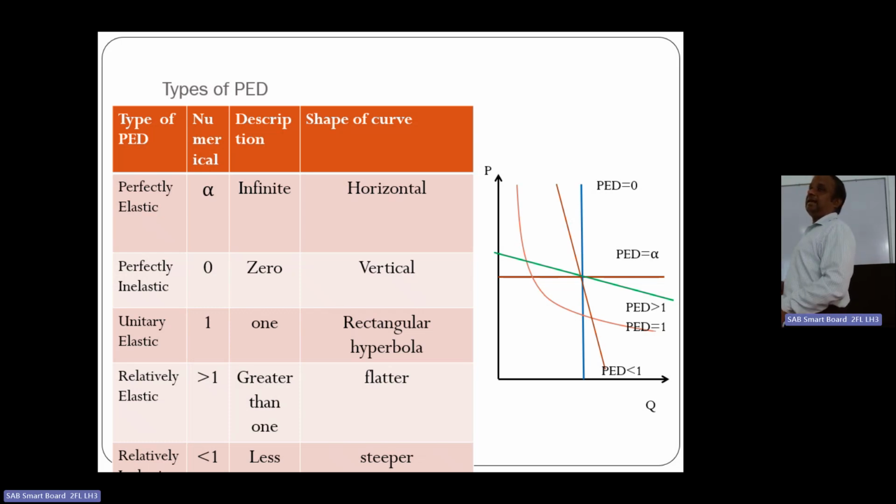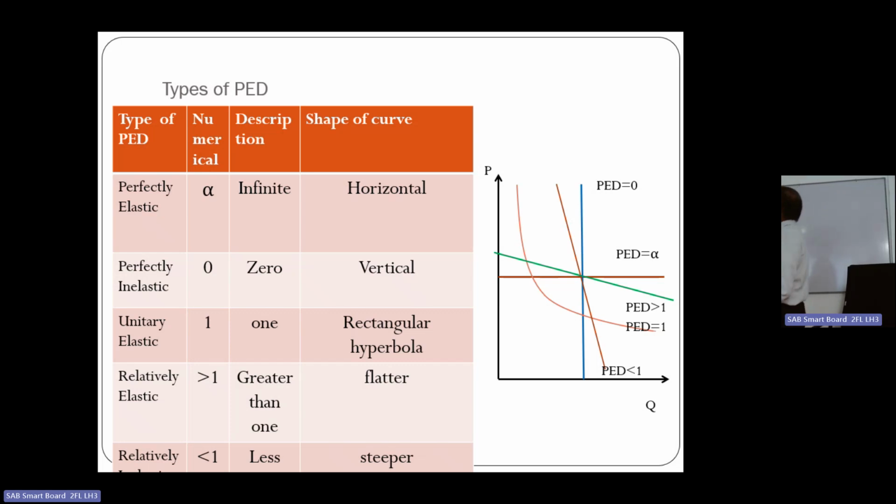In the inelastic case, price is not highly sensitive. Even if the price decreases, quantity demanded increases, but not significantly, a very small value. So in that case we see the steeper demand if there is an inelastic demand.